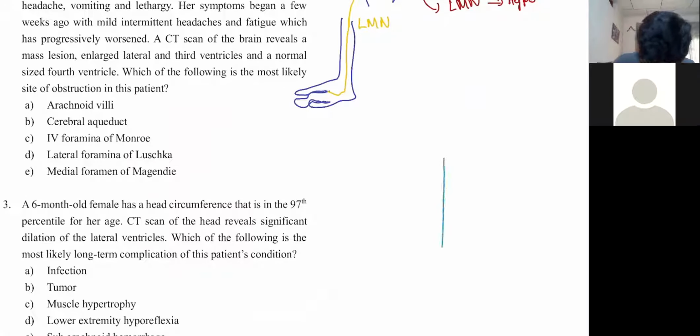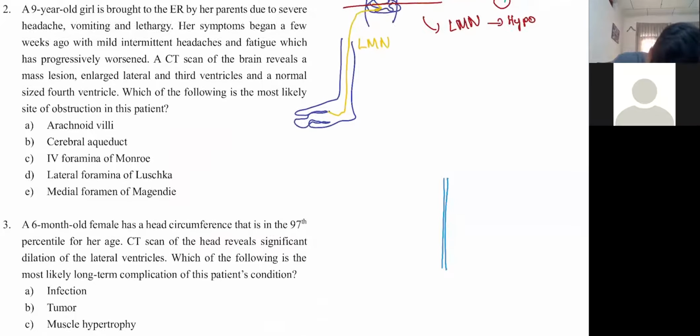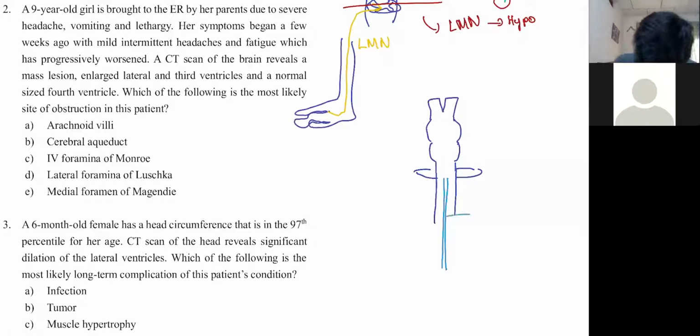Remember this. This is the spinal canal, the central canal of the spinal cord. It comes up, enters the foramen magnum, and then we have the medulla region, we have the pons, and then we have the midbrain. I hope you guys remember this. So this is the spinal canal.